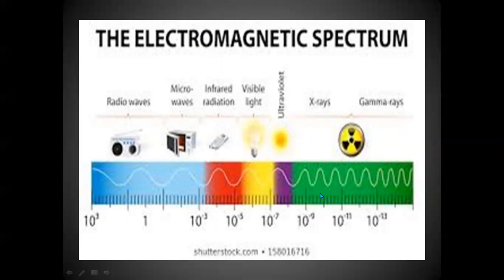Actually, these colors are given for regions which are above the visible and below the visible. Otherwise these colors would not be given for gamma rays or X-rays or ultraviolet rays, because these rays cannot be seen with our naked eye. Our naked eye is not sensitive to them.